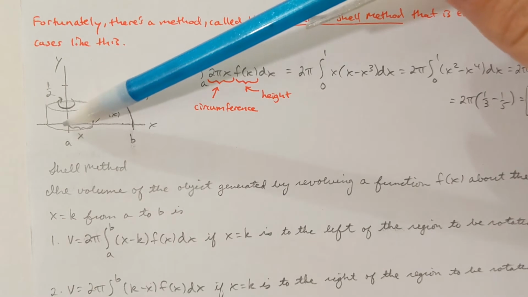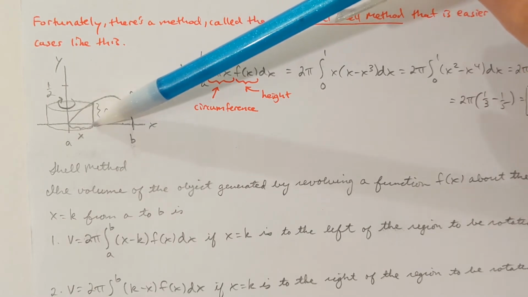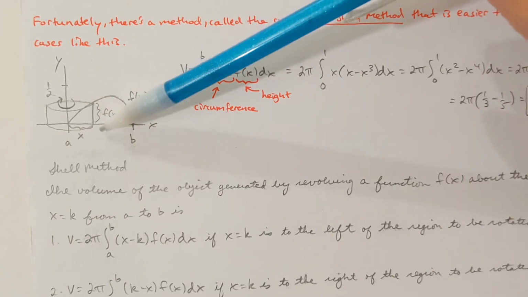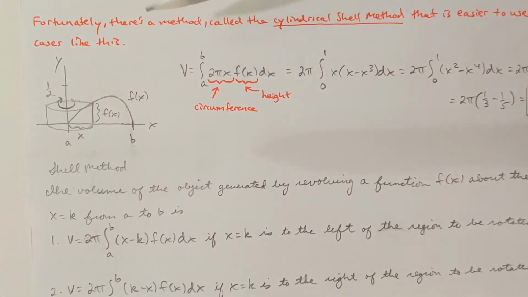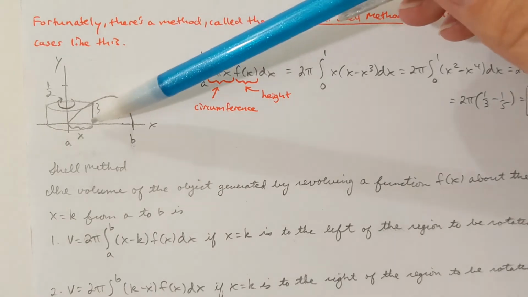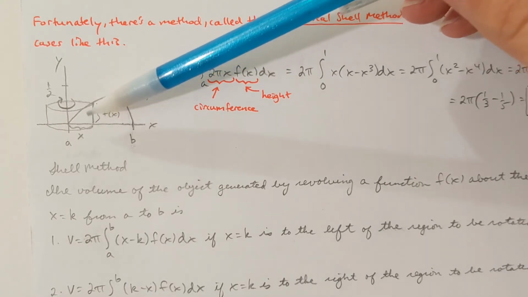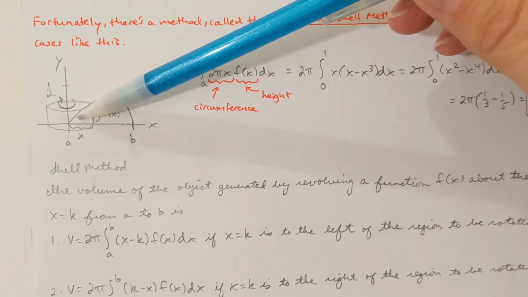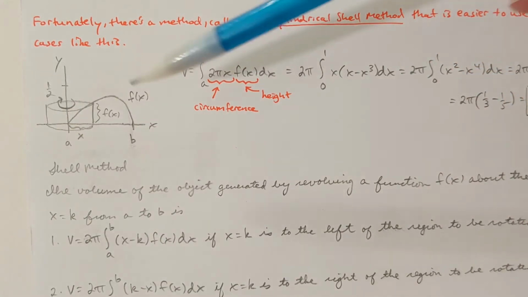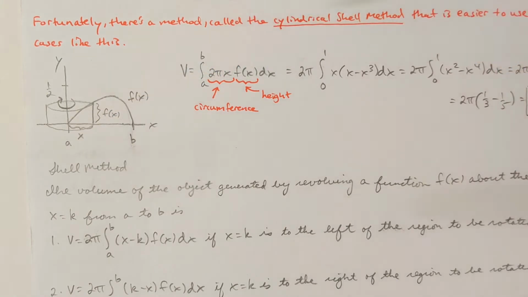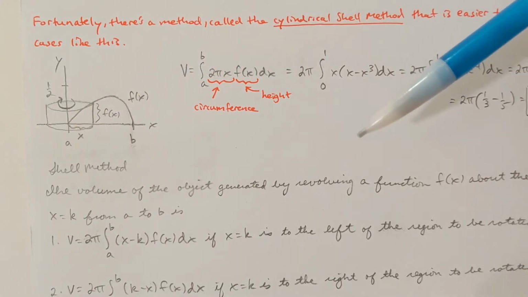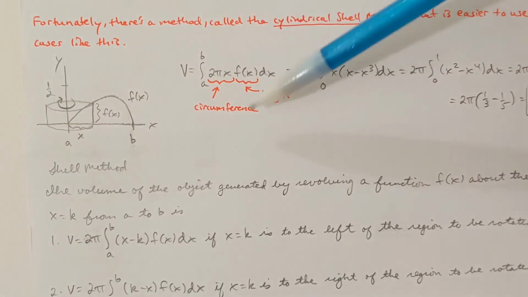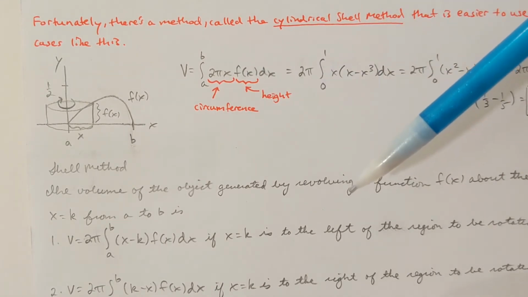So if I go x units to the right of the origin, and then y units up, y and f of x mean the same thing, then I create this vertical line here. Now, if I rotate that vertical line about the y-axis, that line will create a circular path, and I'd want to follow the path that it takes and calculate the circumference of the circle there.